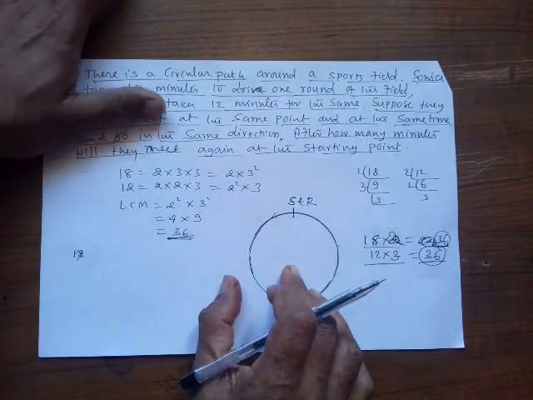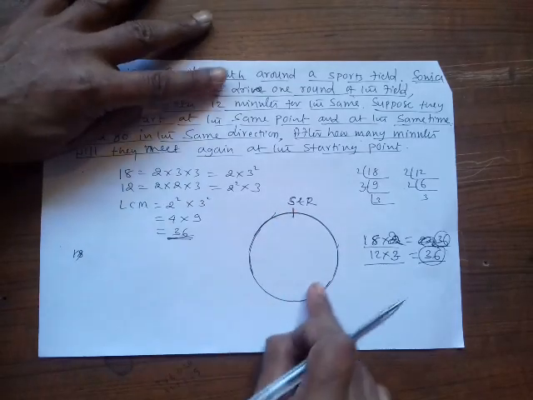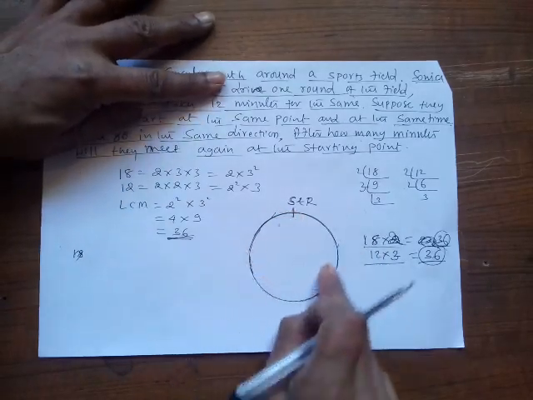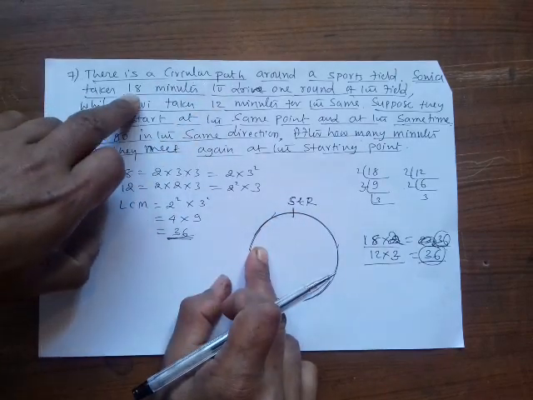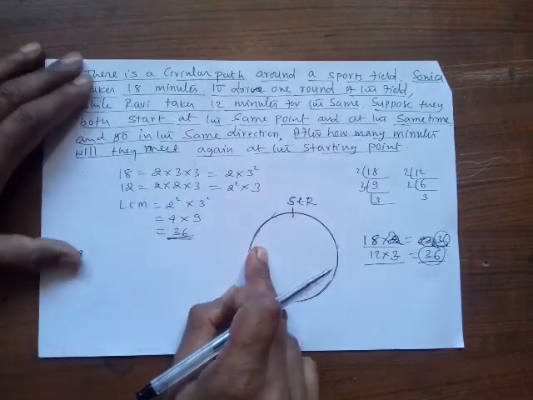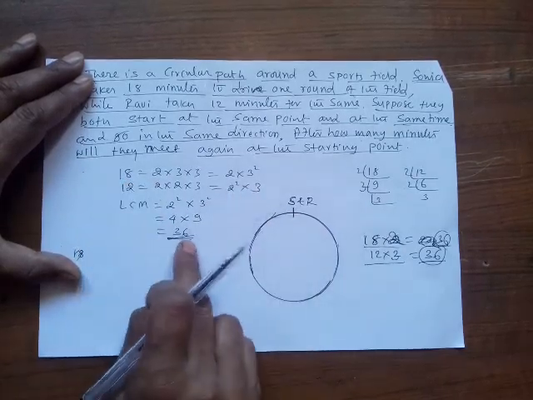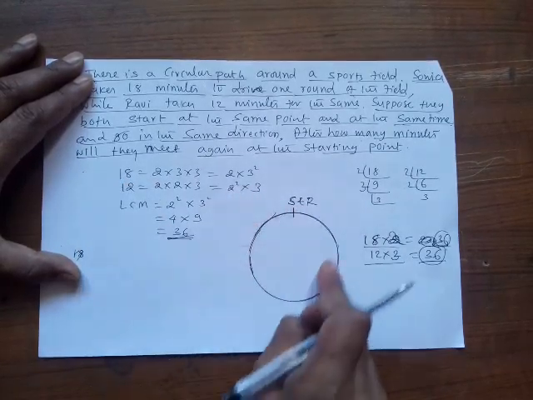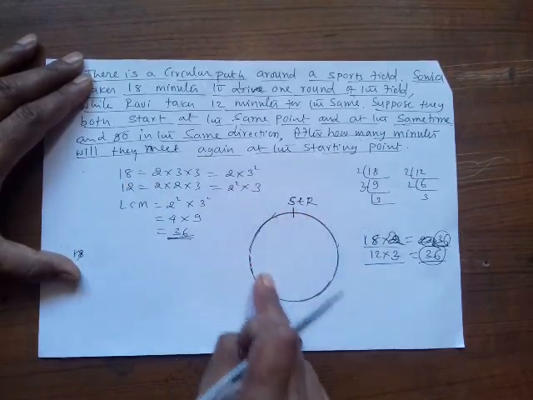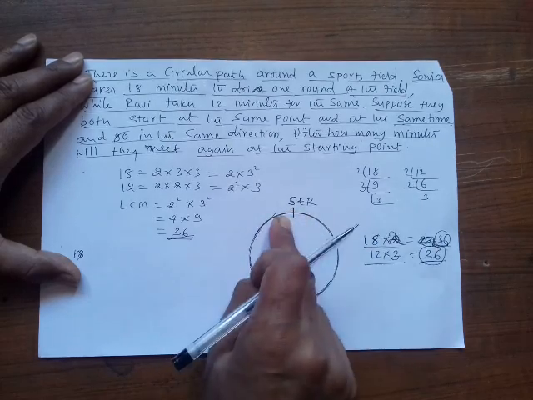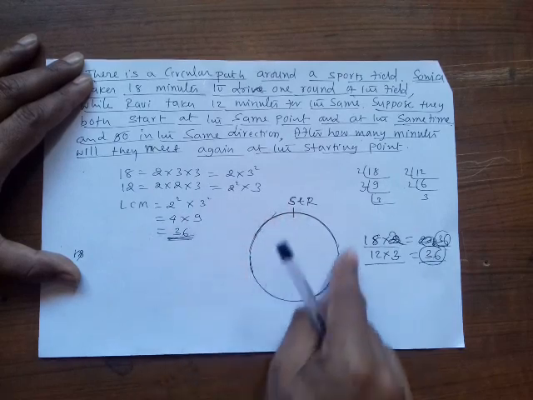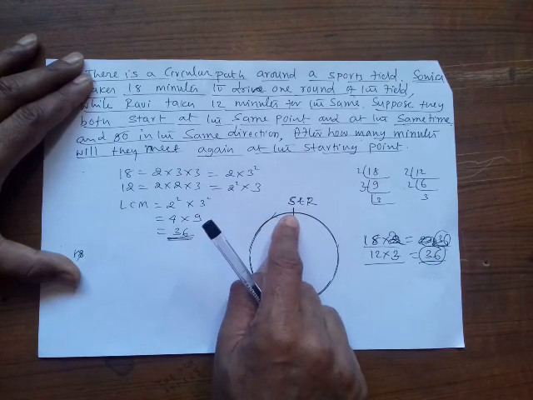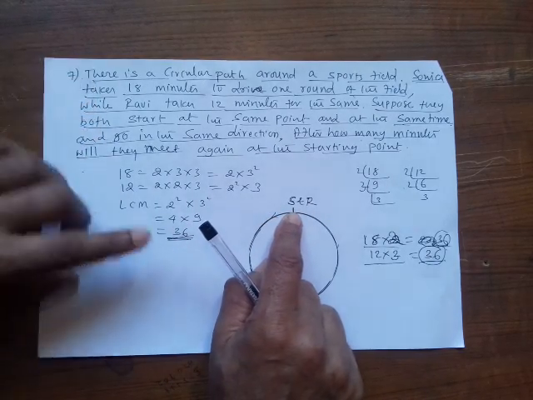This means Sonia returns to the initial point after 18 minutes, is it not? So in 36 minutes she completes 2 rounds, 18 plus 18, and she will be at the starting point.